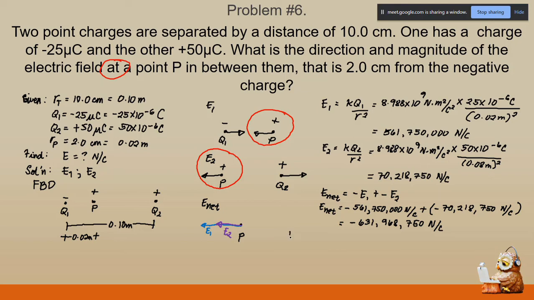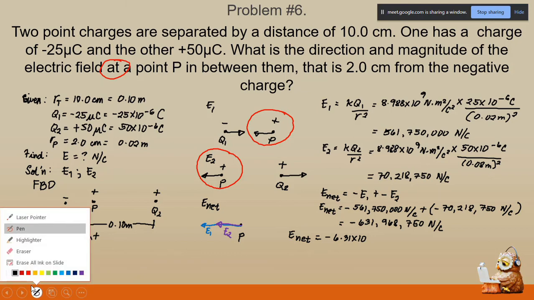So, let's now write our final answer. The negative sign in our E sub net already entails the direction. I mean, the total electric field of our system points to the left, or towards Q sub 1. You can use scientific notation for this because the number is too large. So we can have 6.31 times 10 raised to, I know, it's not 6.31 but 6.32, because the next digit is 9.